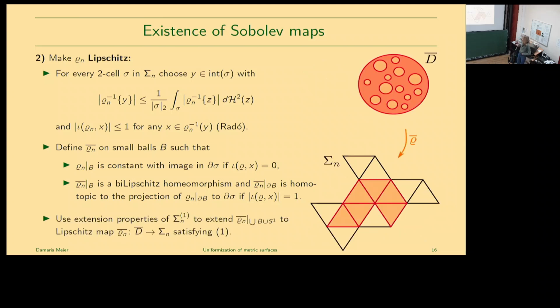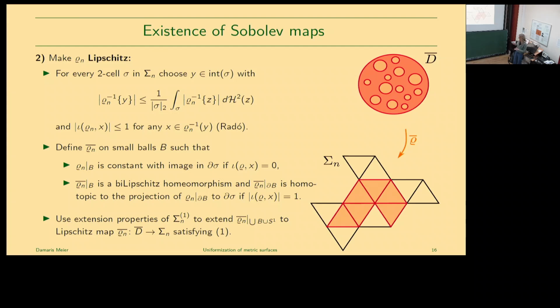Now it looks a little bit like that. We have all these small balls where we define the map, and in the rest of the disk, because all the boundaries of the balls have images in the one skeleton, or the boundary of one of these two cells, we can just extend it using extension properties of the one skeleton. We push everything to the boundary and everything else gets collapsed.